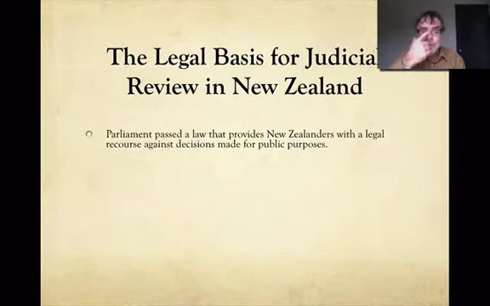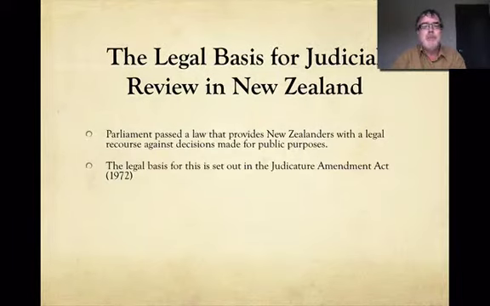Now, the actual legal basis for judicial review in New Zealand is found in a statute. Parliament passed a law that provides New Zealanders legal recourse against decisions made for public purposes by public bodies. That legal basis can be found in the Judicature Amendment Act 1972.